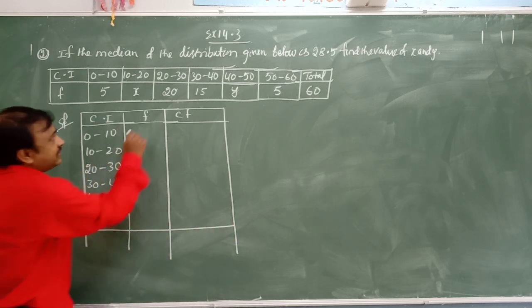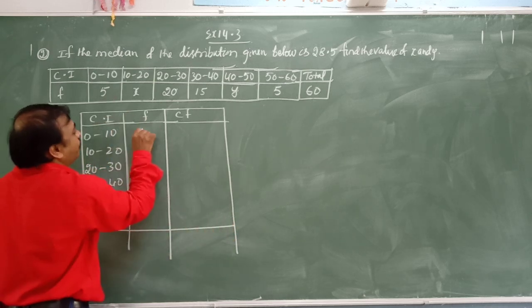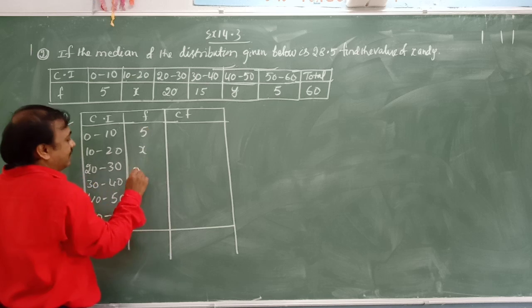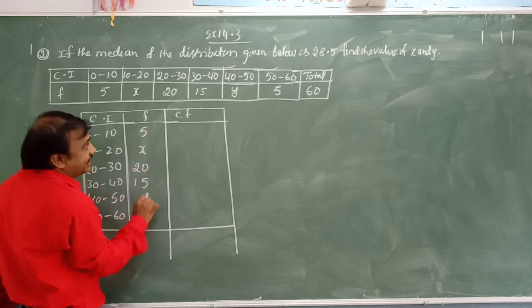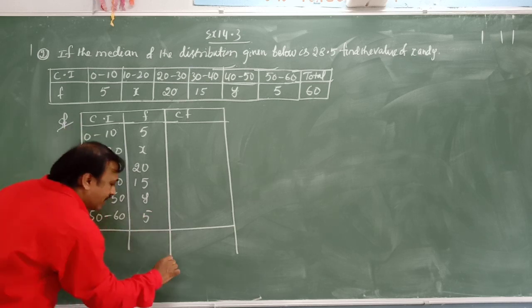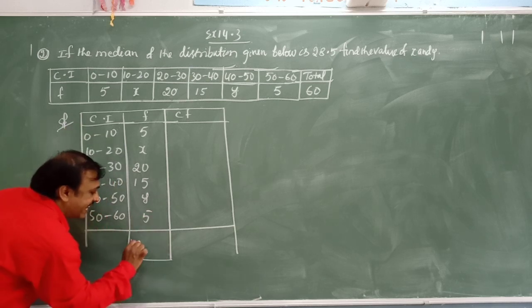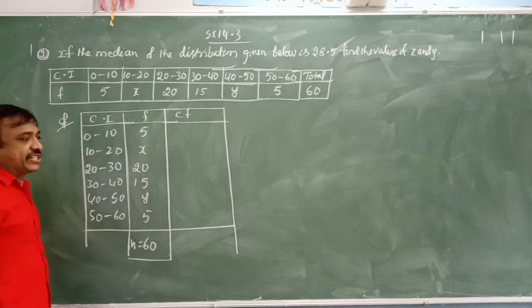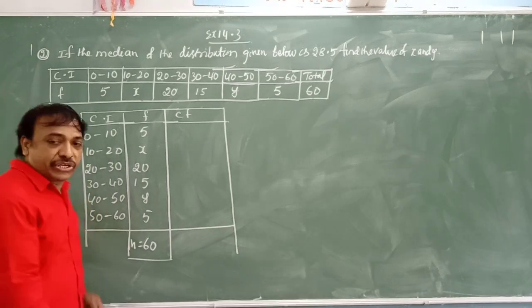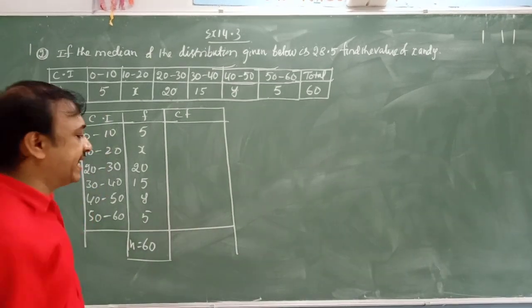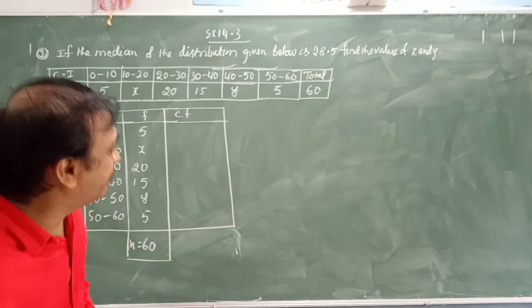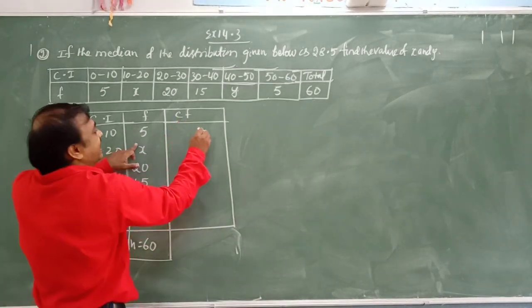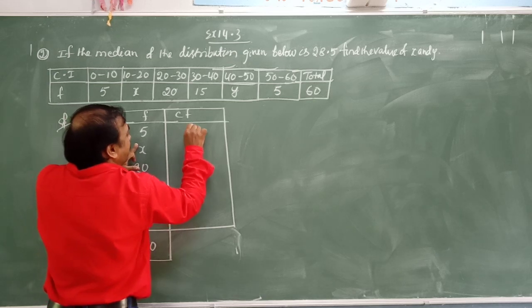Next, the frequencies we have are 5, then x, then 20, next 15, next y, then 5. The total frequency, which is n, equals 60, is given in the question. Now we calculate the cumulative frequencies. The first one we write as it is, 5.